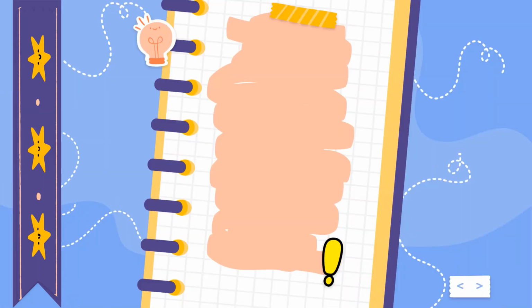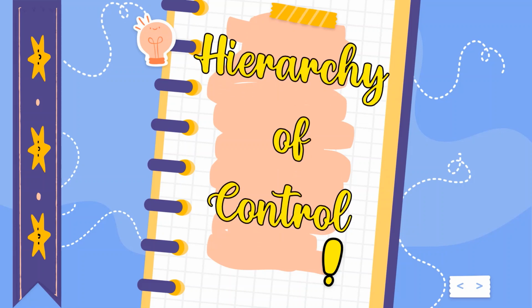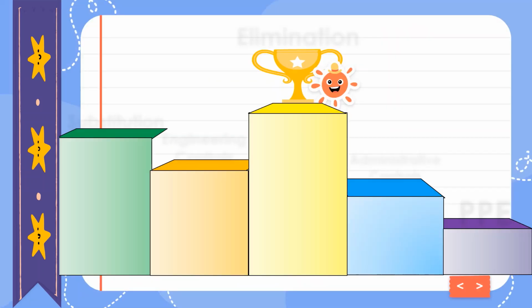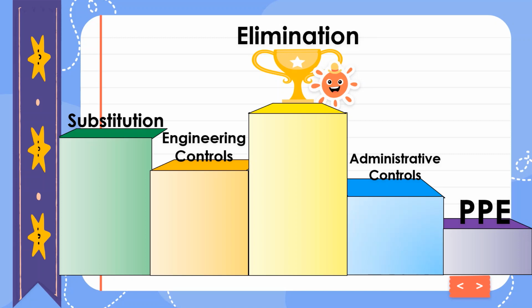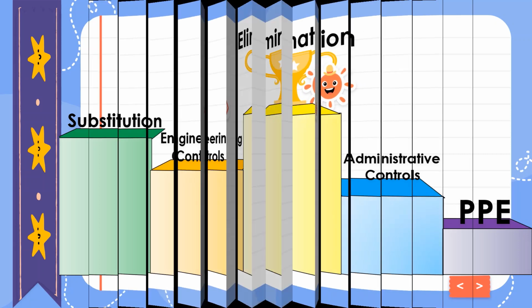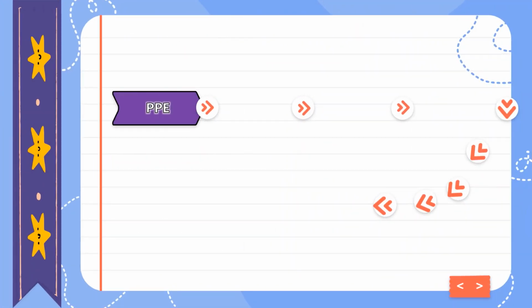Now that you already have a clear grasp of these concepts, let's now explore the hierarchy of control. We can see here the PPE, administrative controls, engineering controls, substitution, and elimination. PPE protects the worker by wearing it.